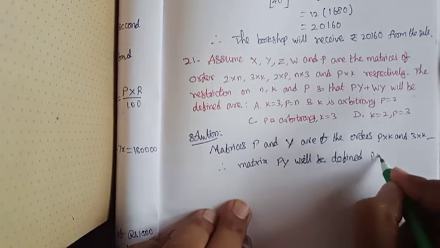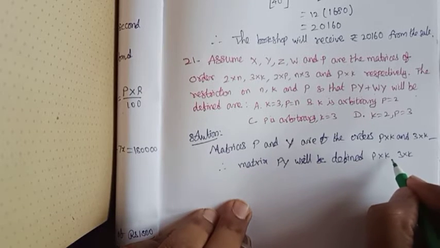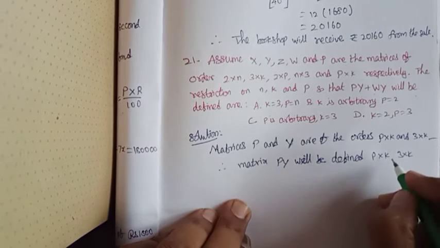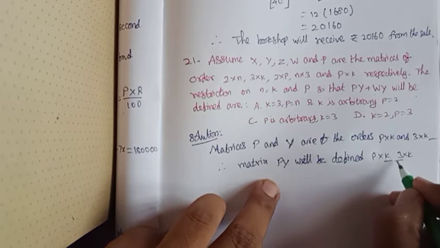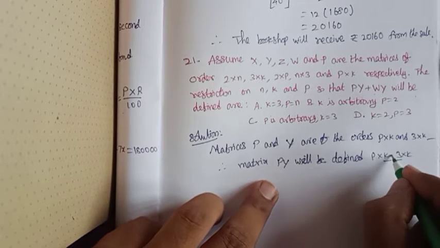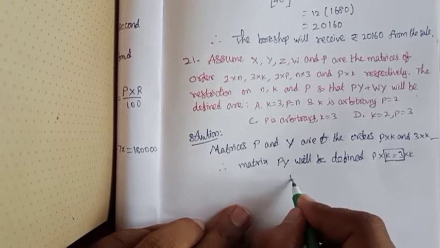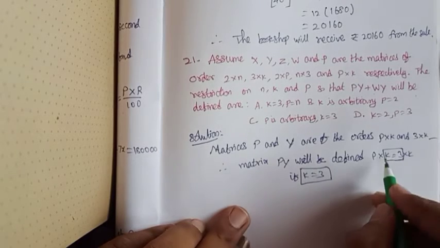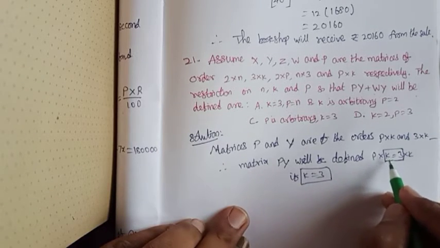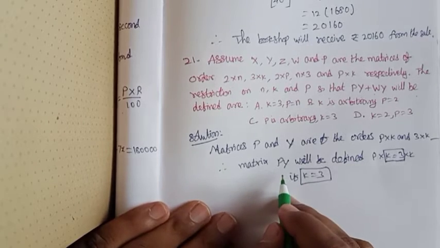When matrix multiplication is possible, the columns of the first matrix should equal the rows of the second. So PY will be defined only if k equals 3. Suppose the first matrix's k value is 3, which means the multiplication PY is possible.